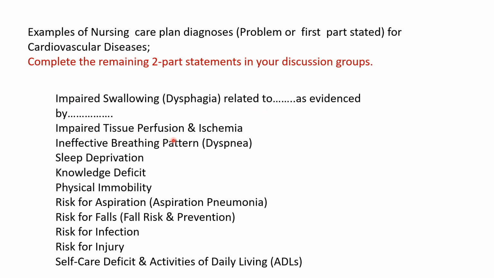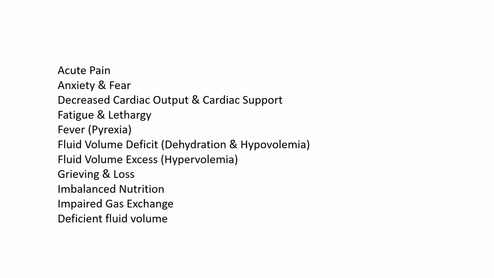Impaired tissue perfusion or ischemia related to, as evidenced by. The same applies to ineffective breathing pattern, sleep deprivation, knowledge deficit, physical immobility, until you finish. Then you will have mastered the three-part diagnosis. These are the first parts of the problems with cardiovascular diseases.